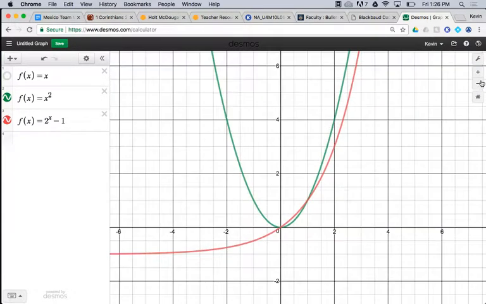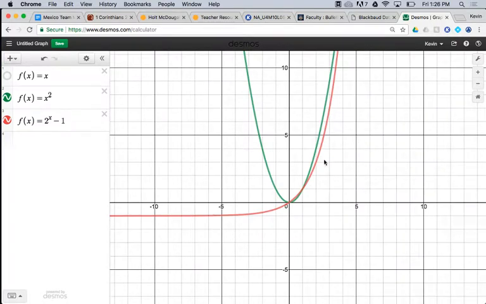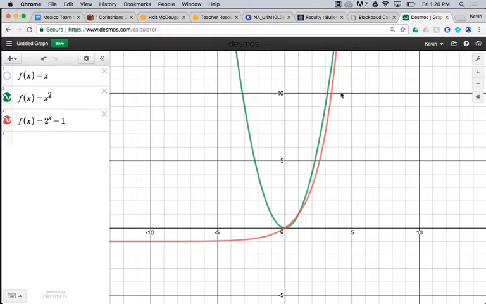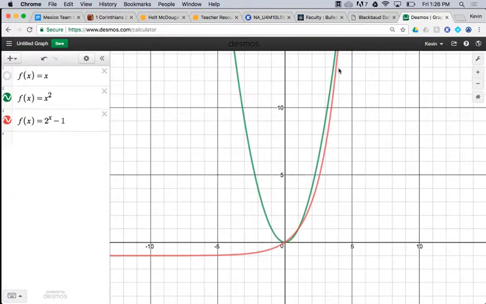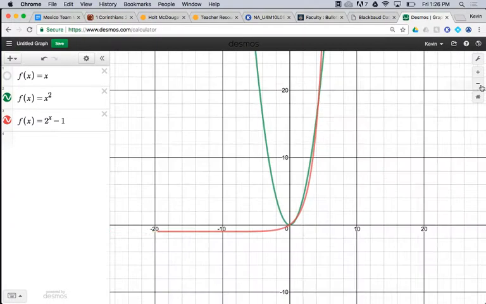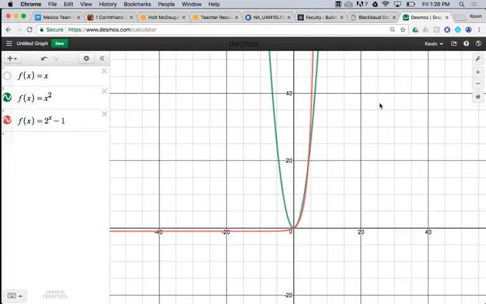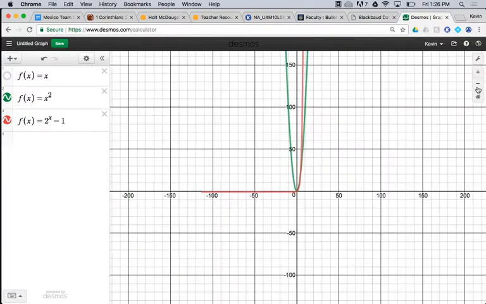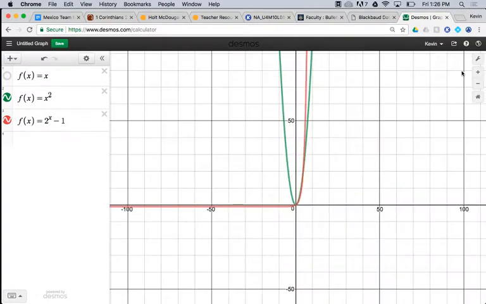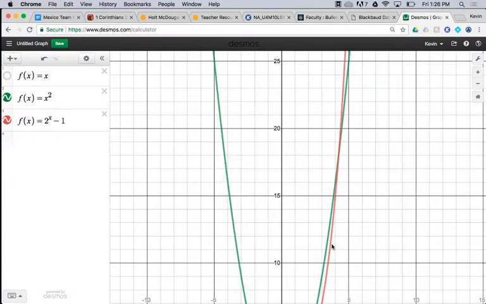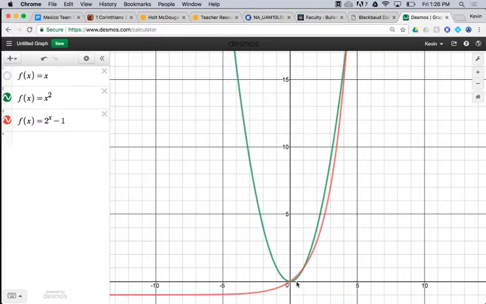But as we go out, look what happens. You see this? Here's our red exponential function. Over time, the exponential function starts growing faster and faster. And we see that it then surpasses our quadratic function. Can you guys see that? Is that pretty clear?